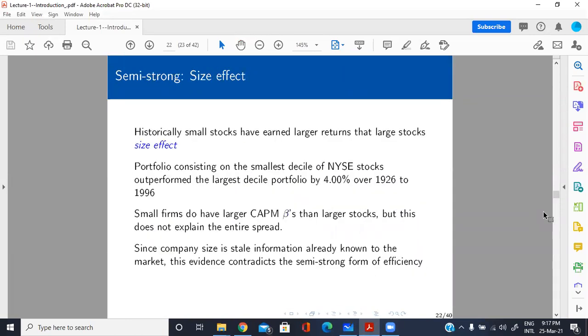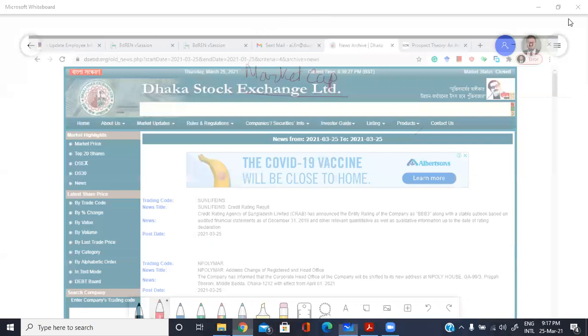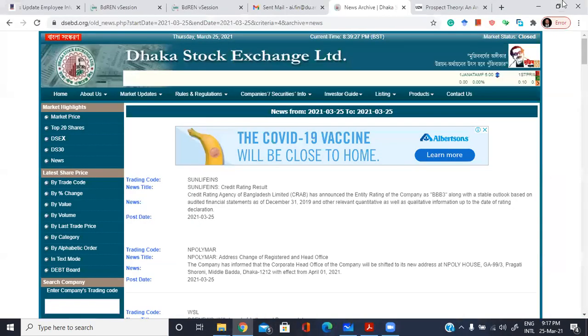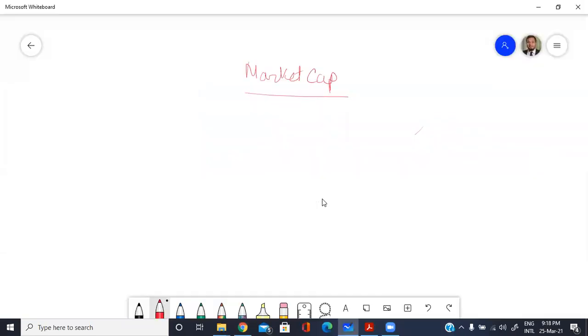Okay, second one, size. Are you familiar with the term market cap? Market cap. Yes, sir. What does it mean? The total value of all stocks trading in the market.